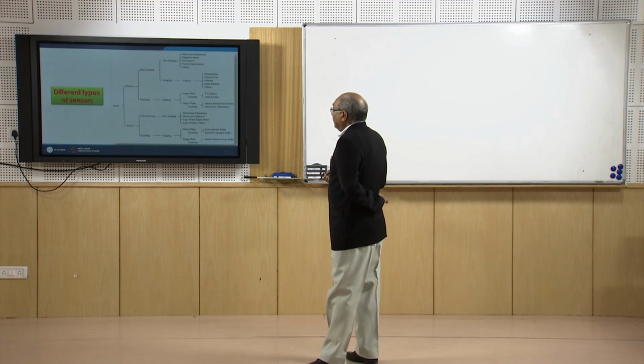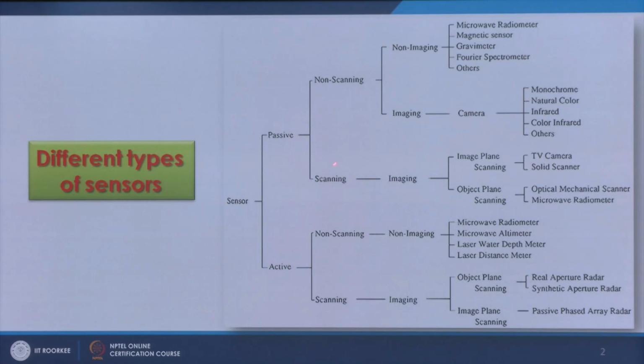So, these are non-imaging, non-scanning sensors. Similarly, in case of non-scanning imaging sensors, you have cameras, maybe monochromatic cameras, natural color, infrared, color infrared, and the others. So, these are the sensors which are on board different satellites.